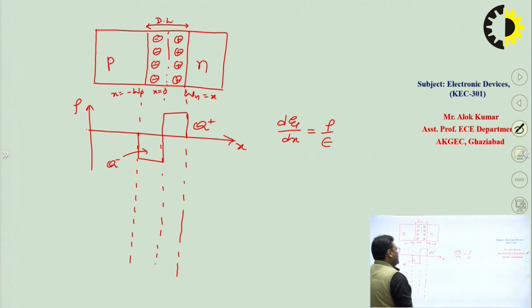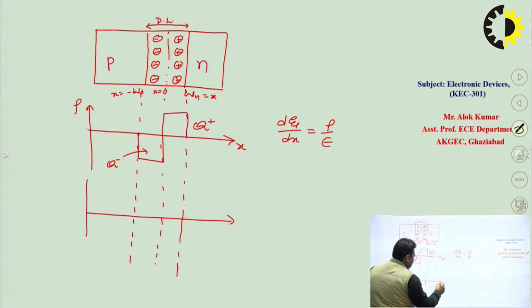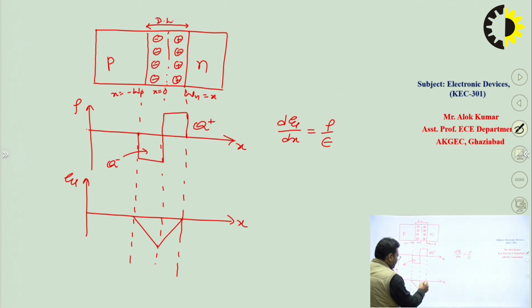This is the Poisson equation. Using this I can also draw the electric field with respect to distance. The electric field at minus Wp and plus Wn will be 0, and at x equal to 0 the electric field will be maximum.